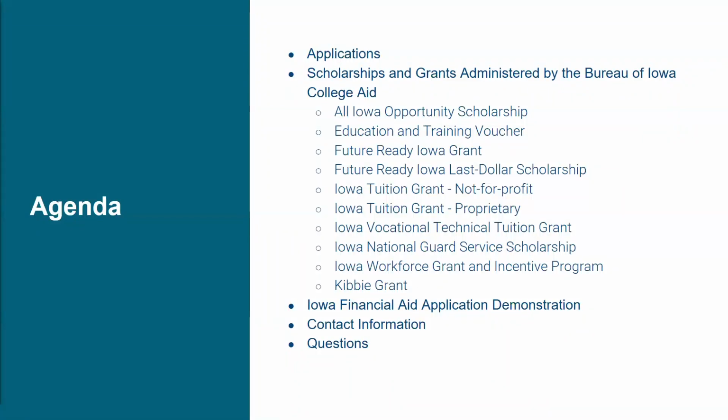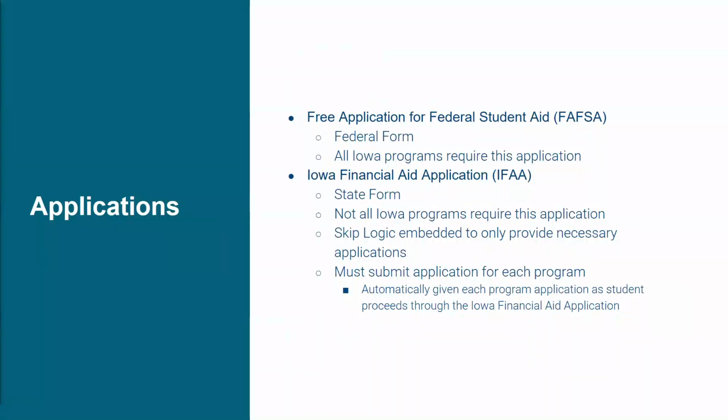So let's jump right in. We use two different applications to determine eligibility for our programs. One is the Free Application for Federal Student Aid, probably better known to all of you as the FAFSA. It is a federal form, and all of the programs that we administer require that you fill out this form. For some of them, that is the only form you need to fill out, and for some we have an additional state form that must be filled out, called the Iowa Financial Aid Application.